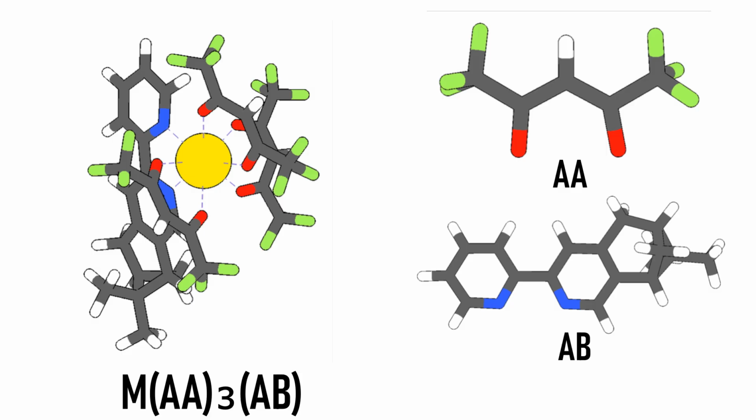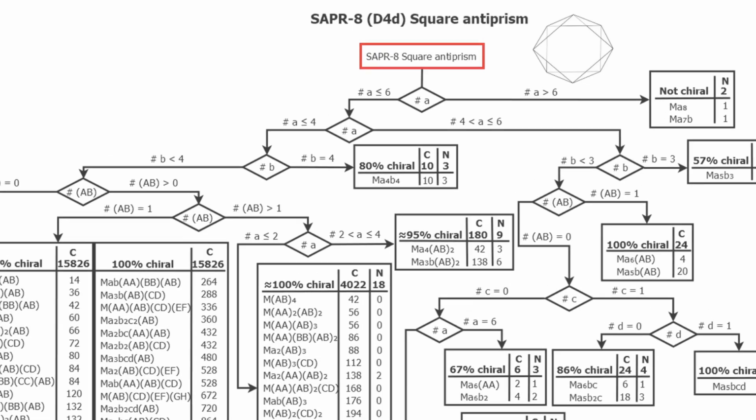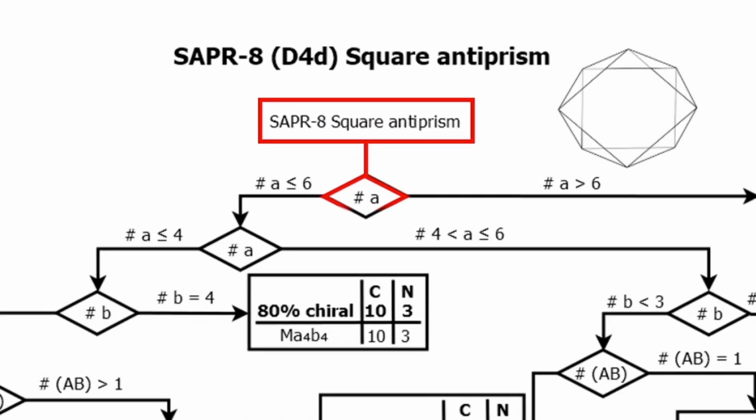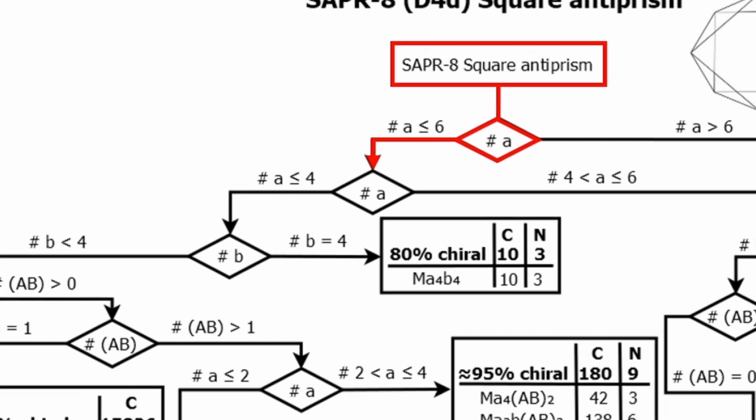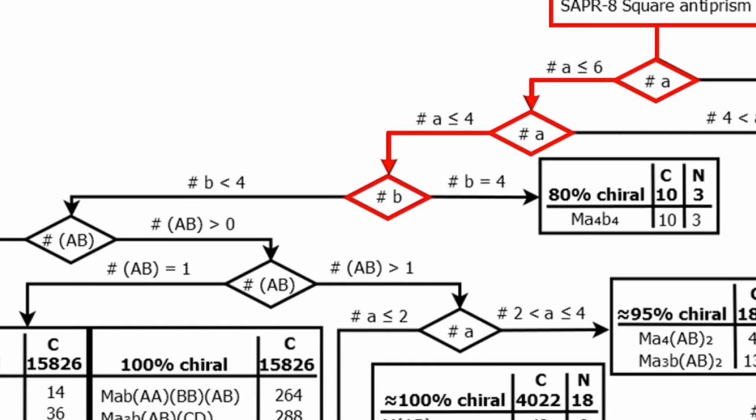So, let's find in our decision tree the probability of a metal complex like this, having this generic formula and this coordination polyhedron, being chiral-at-metal. First question: is the number of A ligands 6 or fewer? Yes. We proceed left. Second: is the number of A ligands 4 or fewer? Yes. Third: is the number of B ligands fewer than 4?